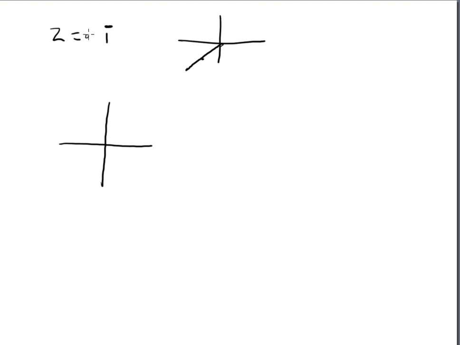Our real part is 0, and our imaginary part is 1. This means the real part, which is on the x-axis, is 0, so it's at this point, and the imaginary part is 1, which is on the y-axis. So we get something like this.